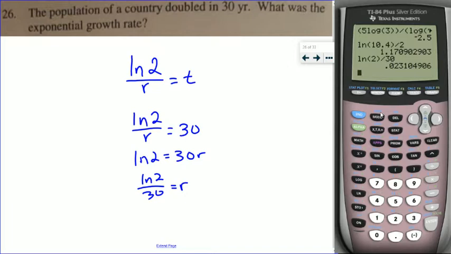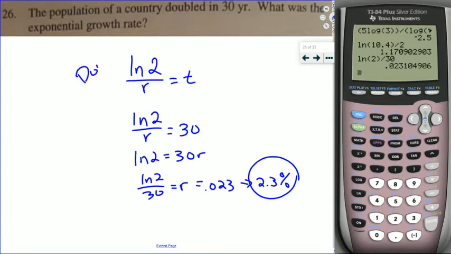So r equals 0.023, which, if we then express that as a percent, is going to be 2.3% is the growth rate. Cool. So remember that doubling time equation. Doubling time. Remember that guy.